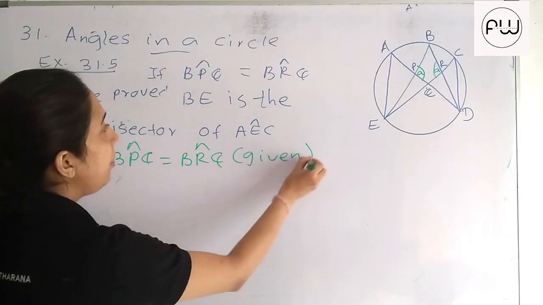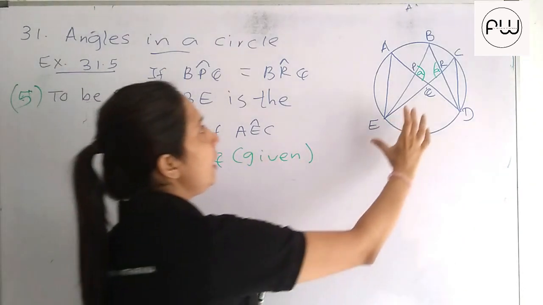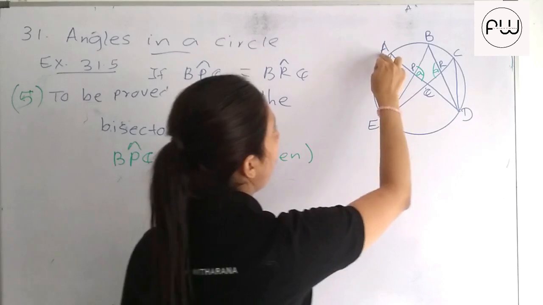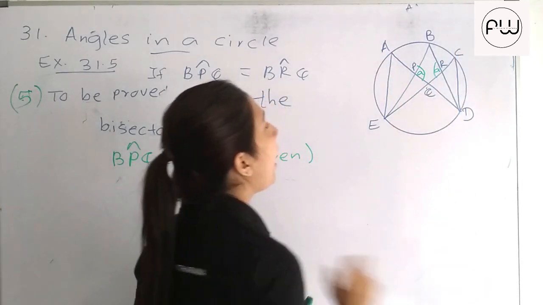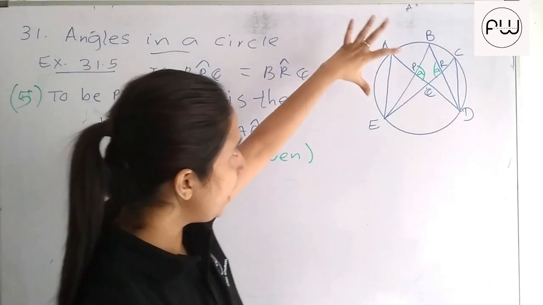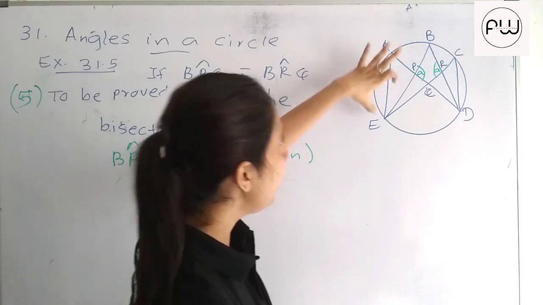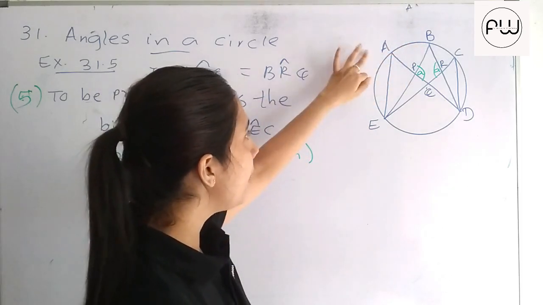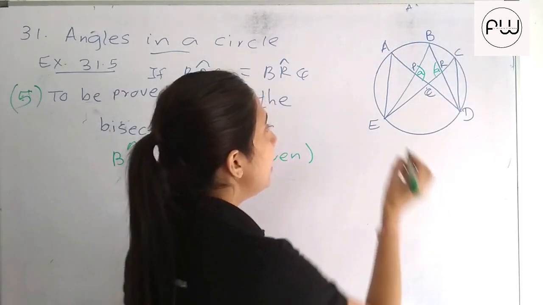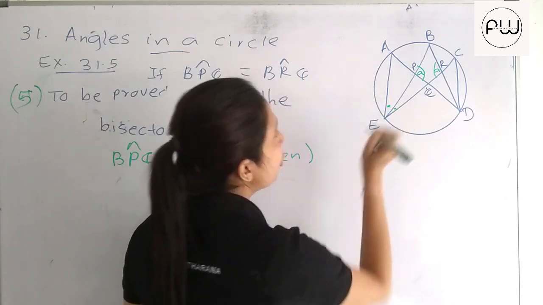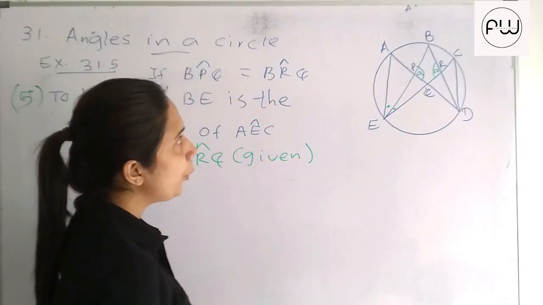And we have to show BE is the bisector of angle AEC. If BE is the bisector of angle AEC, these two angles should be equal. Then we have to prove it.